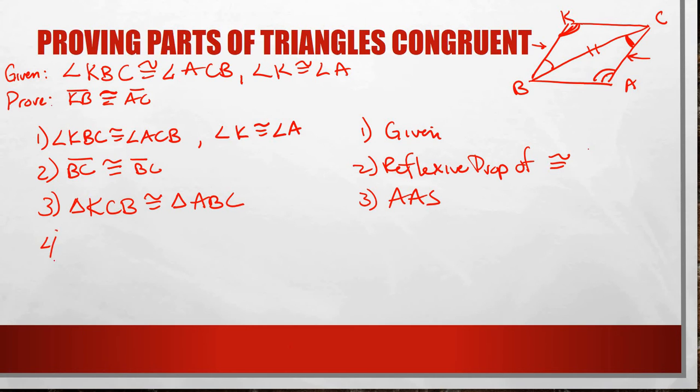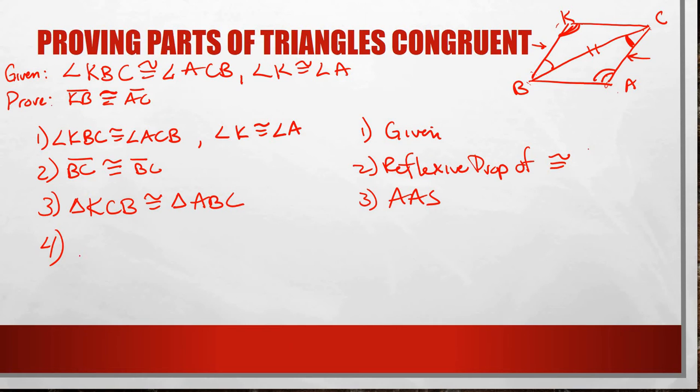Now I can compare any two other parts. I could say that KB is congruent to CA. I could say that AB is congruent to KC. All the other parts of this triangle now have to be congruent.